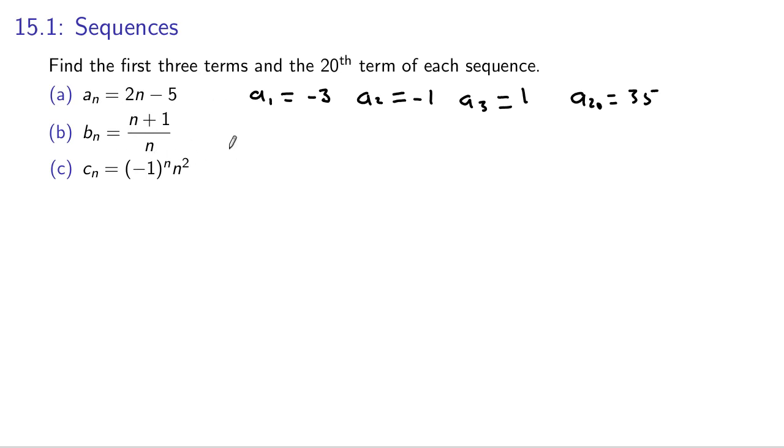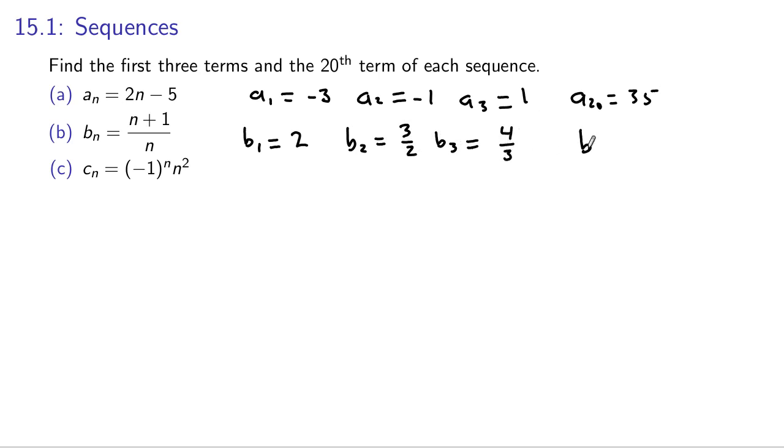So b sub n is n plus 1 over n. What's the first term of the sequence b? Well, we put in 1, we get 1 plus 1 is 2, divided by 1 is 2. B sub 2, we put in 2, we get 2 plus 1 is 3 over 2, which is 3 halves. B sub 3, put in 3 and we get 4 over 3.